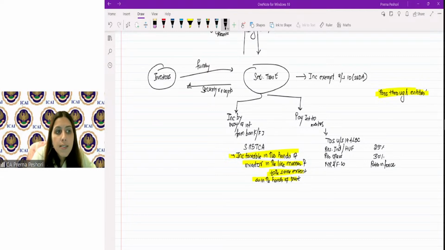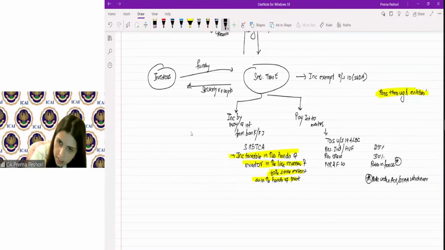Okay, so rates in force means rate under the Act or the DTAA, whichever is beneficial. Are we clear? So any income which is distributed to the investors will be taxable in this particular manner.